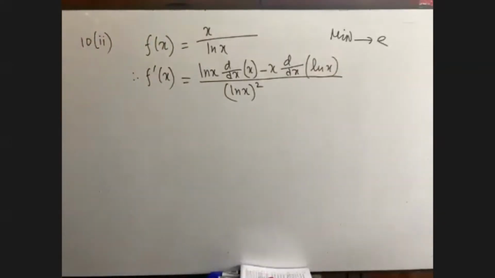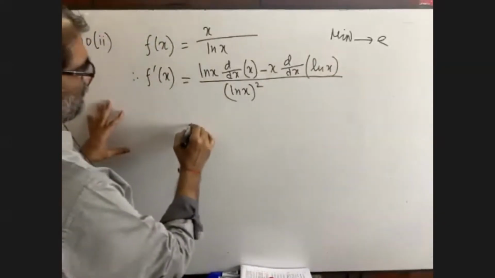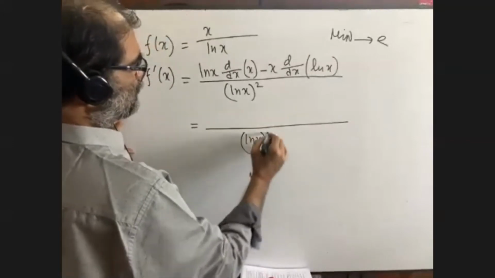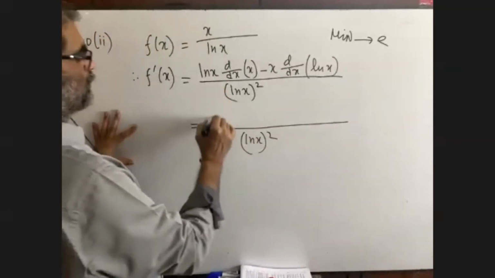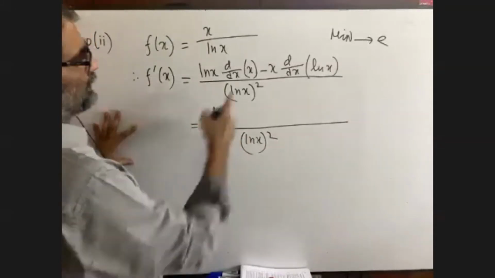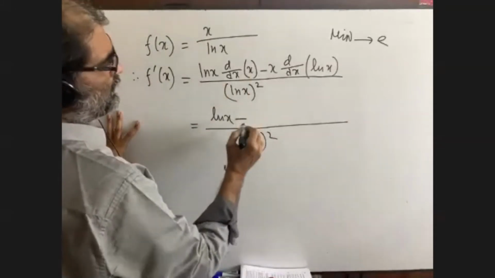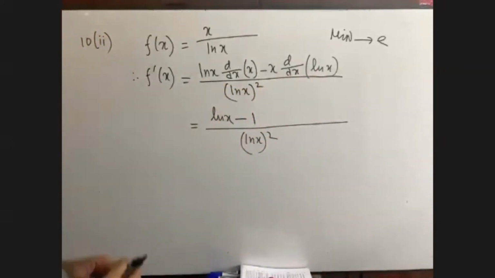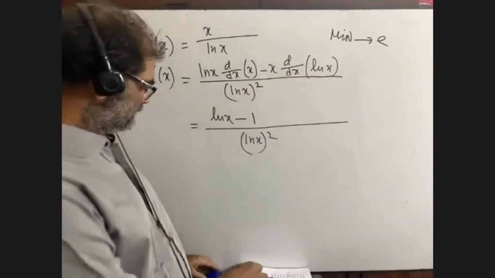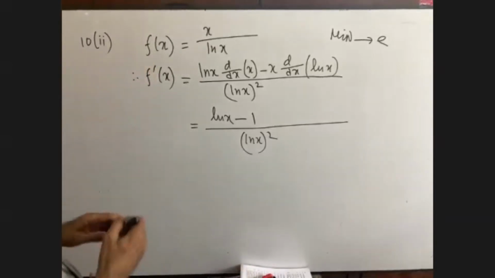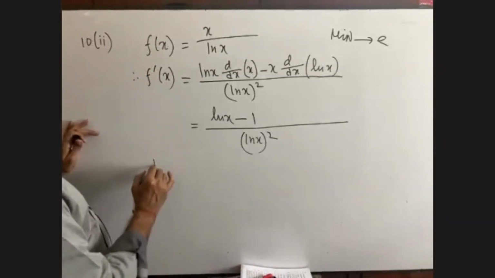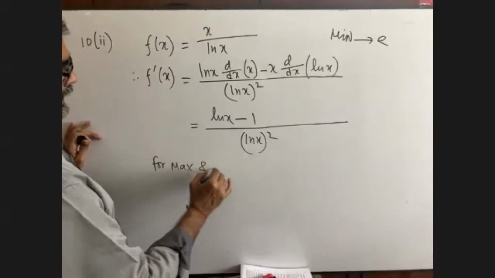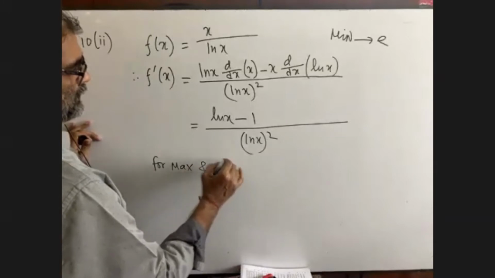So we are getting ln x whole square. Here ln x times 1, here it is 1 by x, only minus 1. Please talk to me, all of you. Then write down for maximum and minimum, what is the formula?